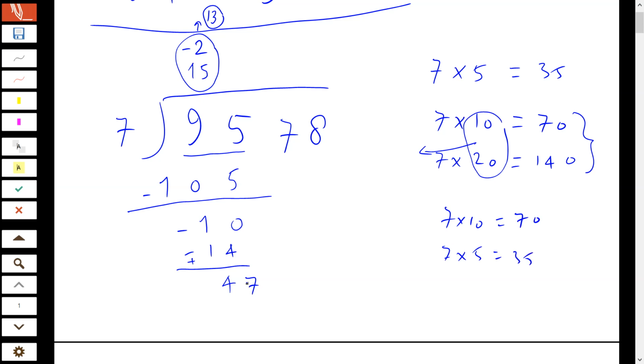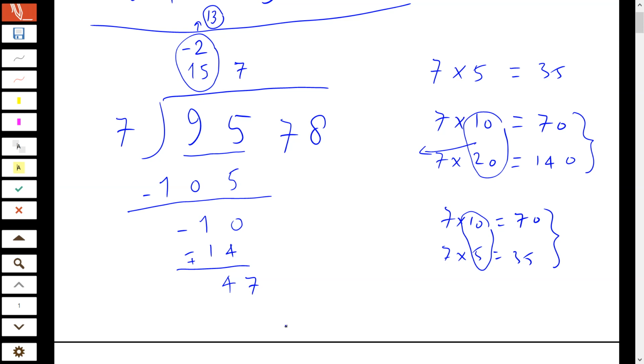Easy numbers. 47 is between 70 and 35. So I should go with a number that is between 10 and 5. I can try anything between 10 and 5, and I don't care. We don't need to be exact because we can always correct our moves. So let's choose 7.